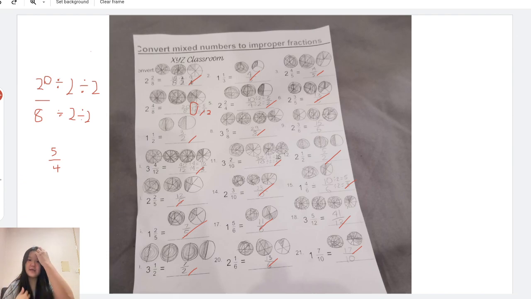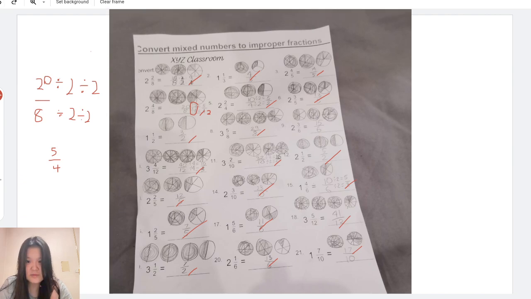Yep, very good. Every time you want to check your maths work, you just do the opposite, like what you said. If you divided the answer, then you multiply it back. And if it's wrong, then you know that your answer has something wrong there. Okay, now can you check number 9 as well?